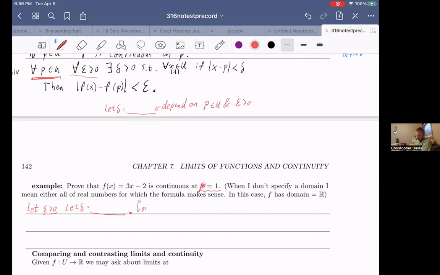I'll now consider any x in the domain. The domain right here is the whole of the real line. I'll assume the absolute value of x minus p is less than delta. I now need to show this.